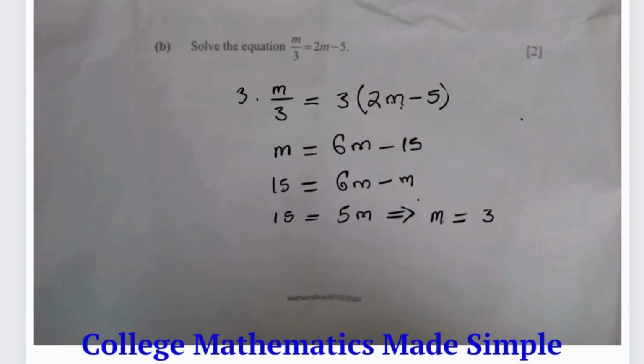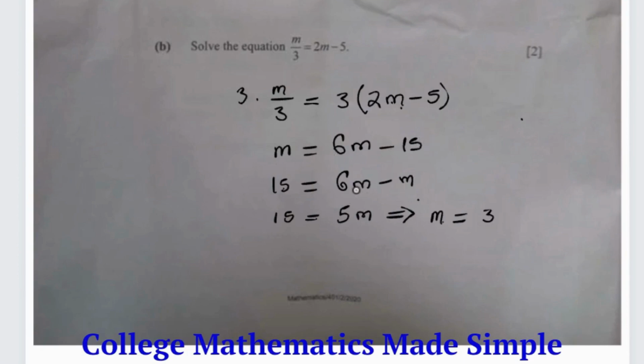The second problem says m over 3 is equal to 2m minus 5. We are to make m the subject, or solve for m. So I multiply throughout by 3 so that I remove the fraction, and on the right hand side I multiply by 3. So this is m is equal to 6m minus 15, and I subtract m from both sides.